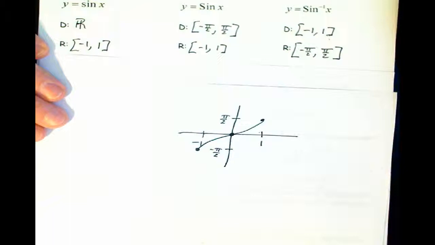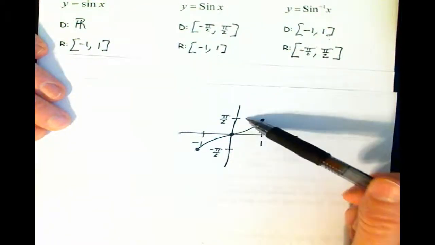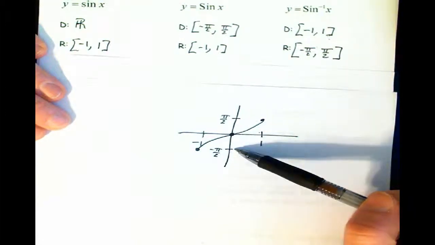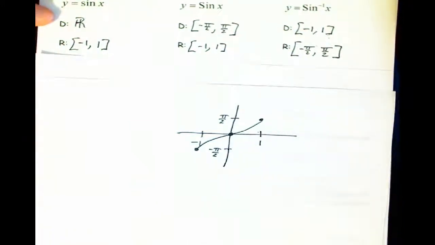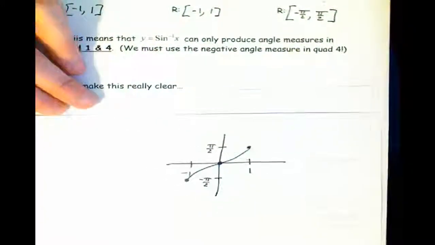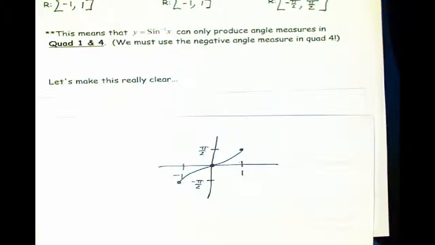Okay, everyone got it? Now the key thing to remember is what quadrants you can actually go into. It is the first and fourth quadrant. Alright? That's very, very key. Okay, which kind of says it right there. This means that the inverse of sine can only produce angles in the first and fourth quadrants.